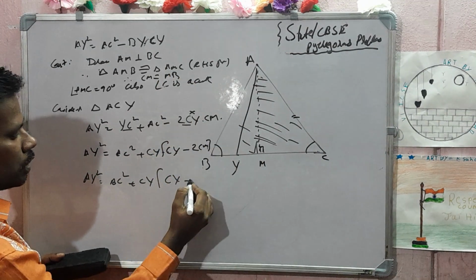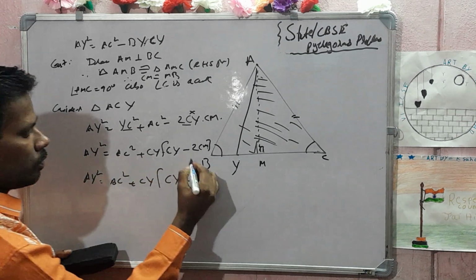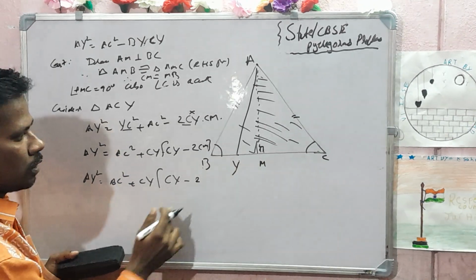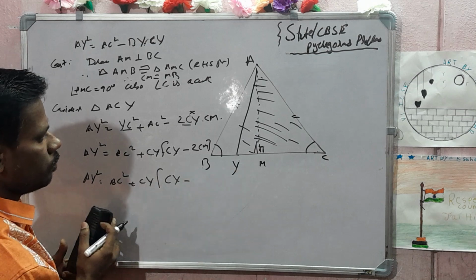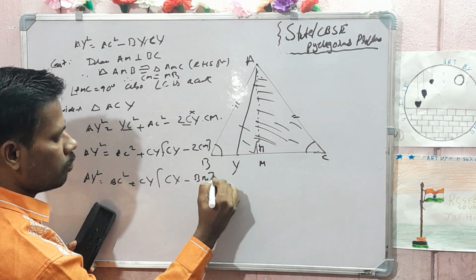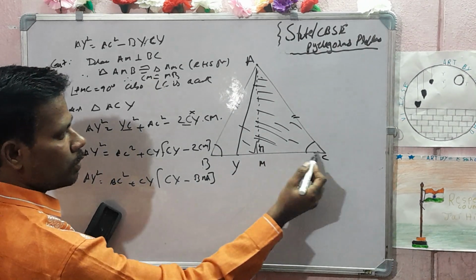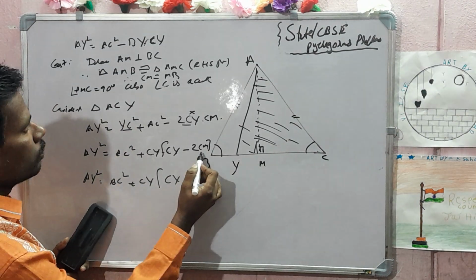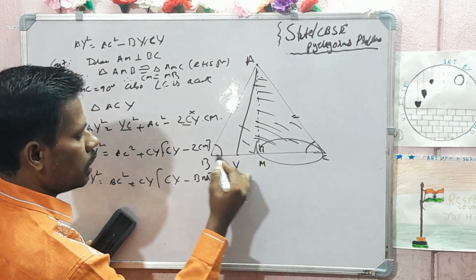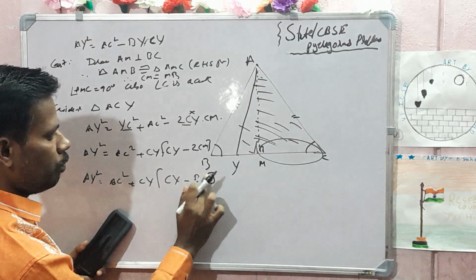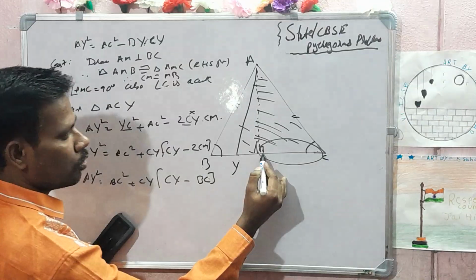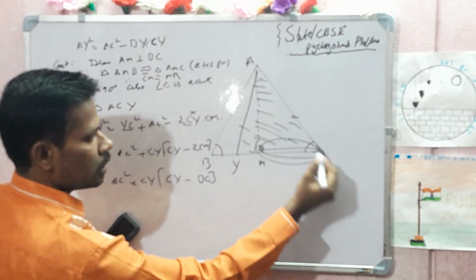So 2CM is nothing but BM plus CM, that is, 2 into CM is nothing but, I'm sorry, BC. 2 into CM is the complete length BC.